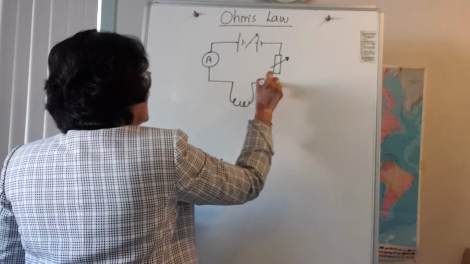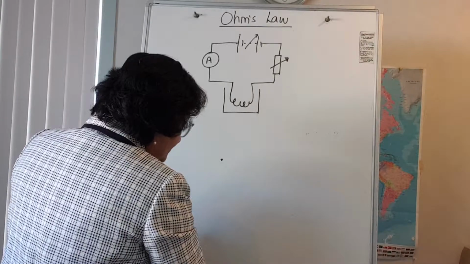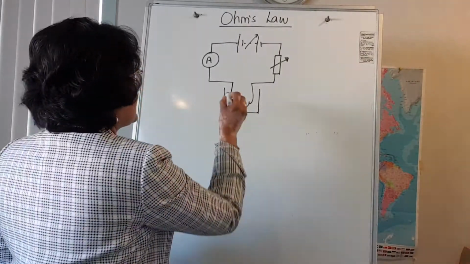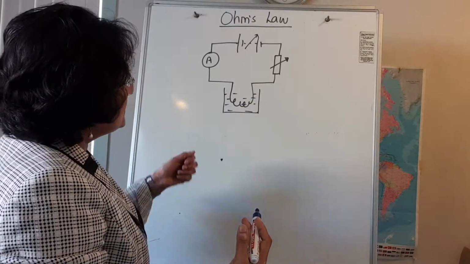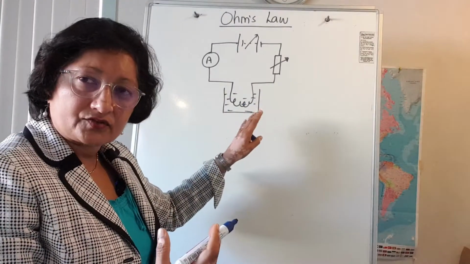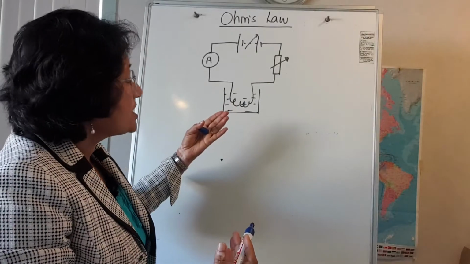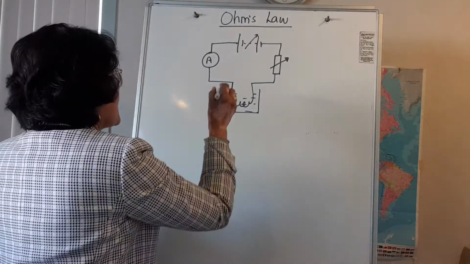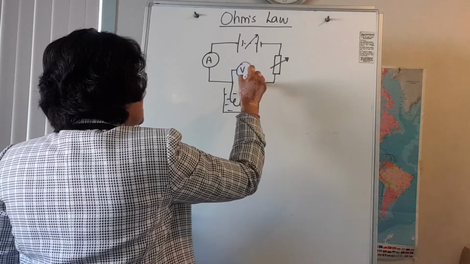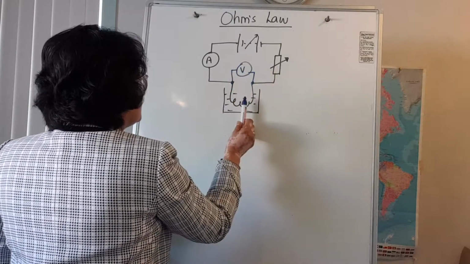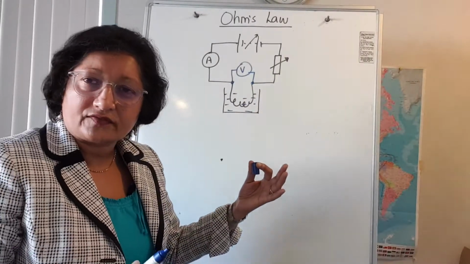And then you had a coil of wire, and we put this coil of wire into water, and the reason we did this was to keep the temperature constant, because if the temperature increases due to the current passing through the wire, the resistance of this wire is going to change, and we wanted to keep that constant. And then across the wire, we had a voltmeter to measure the voltage across this wire for different currents when we changed the value of the resistance.